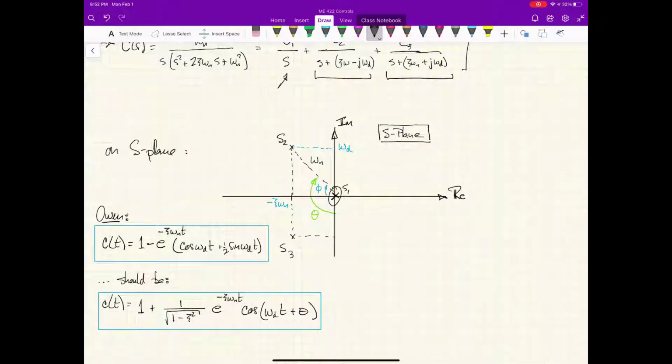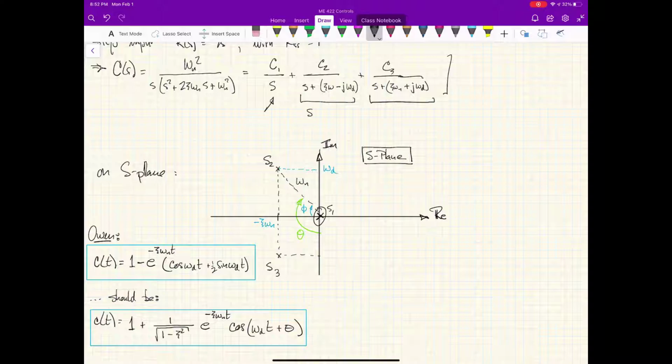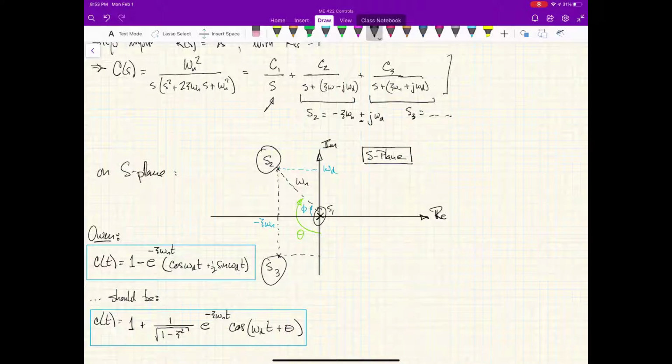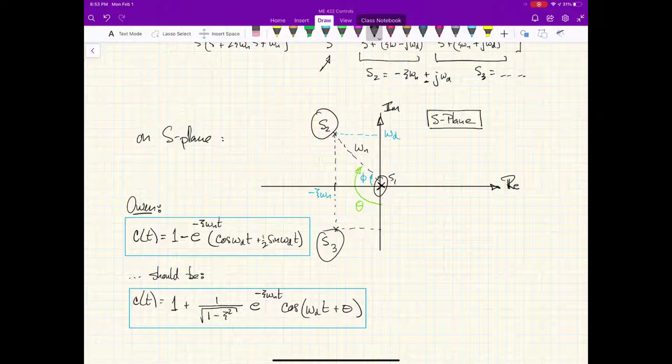S2 is equal to minus zeta omega n plus j omega d, and that's what this guy is. And S3 is the same thing with a minus j omega d right there, and that makes the denominator go to 0. And voila, that's the graph that I have on the S-plane of the three roots of that step hitting my system right there.